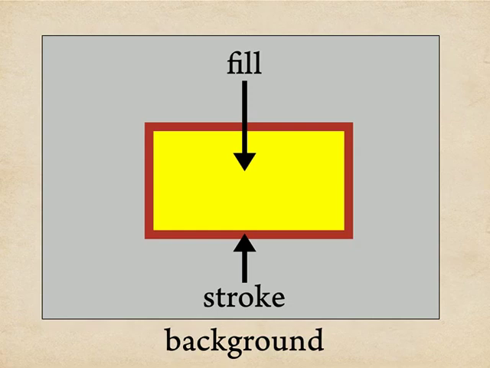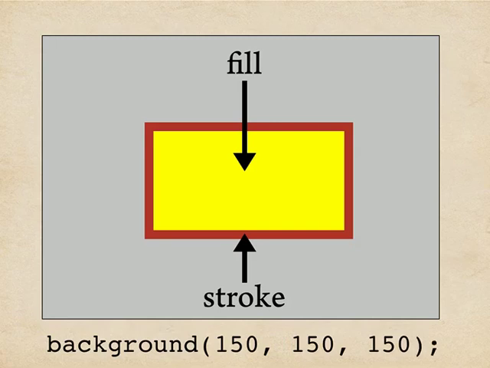In place of the word background, we would actually have the word background, but it's followed by a pair of parentheses and a semicolon. And between the parentheses, we just list the red, green, and blue values separated by commas. I like to put a space after my commas. You don't have to. It doesn't matter whether you do or don't. My style is to put one in there.